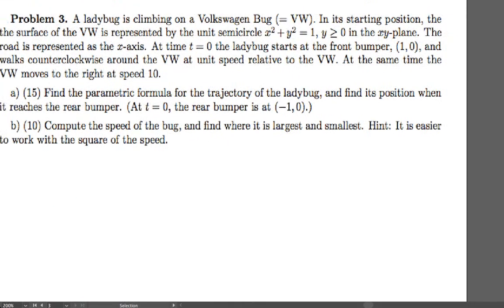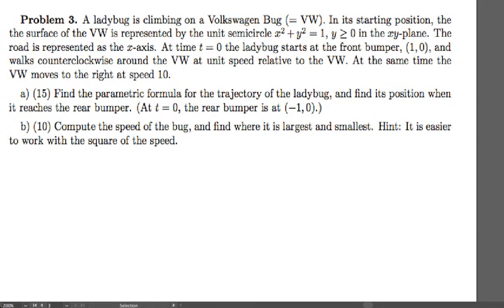A ladybug is climbing on a Volkswagen bug. In its starting position, the surface of the VW is represented by the unit semicircle x squared plus y squared is 1, y is bigger than or equal to 0, in the xy plane. The road is represented as the x-axis.